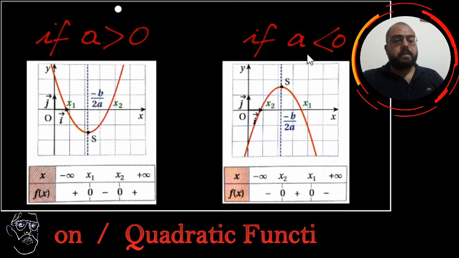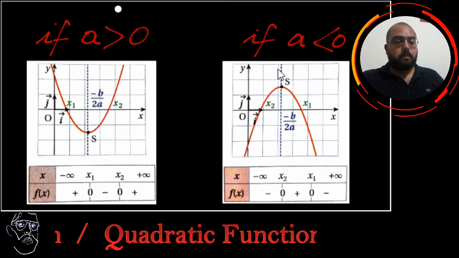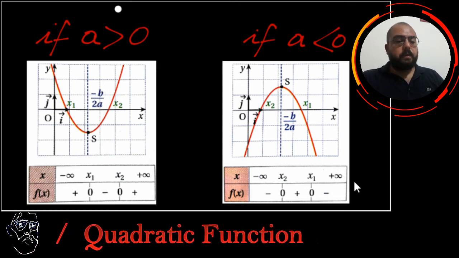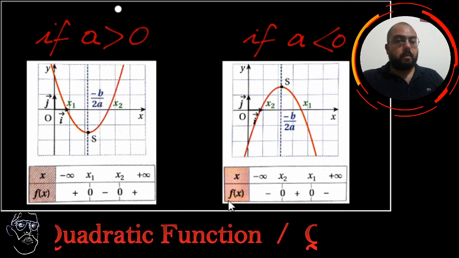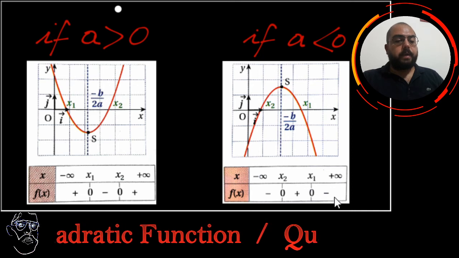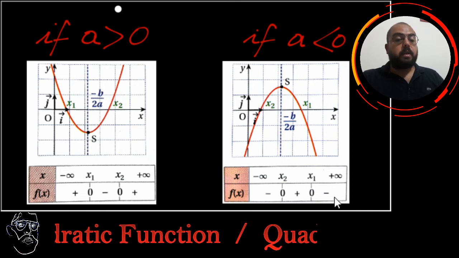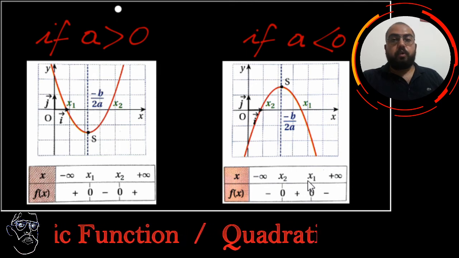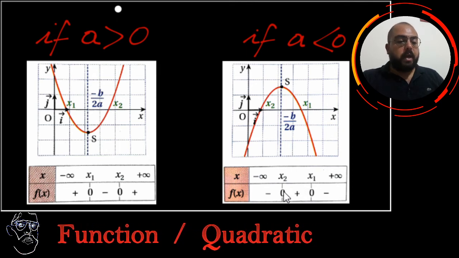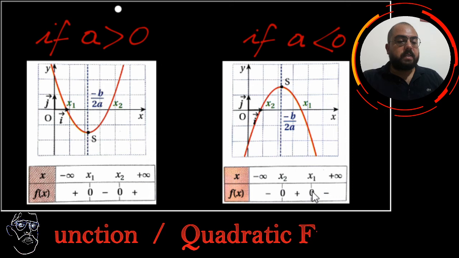What happens if a is negative? So x going from minus infinity to plus infinity, the function will have alternating sign, but what you can deduce directly is between x2 and x1, the 2 distinct roots, you will have to choose the opposite sign of a.